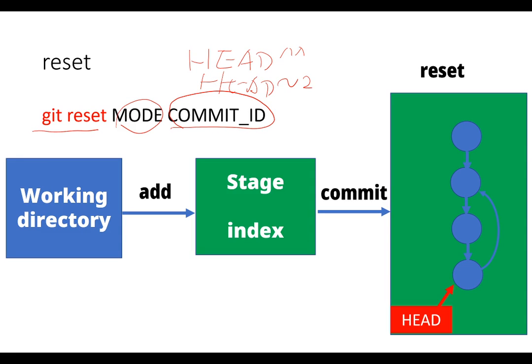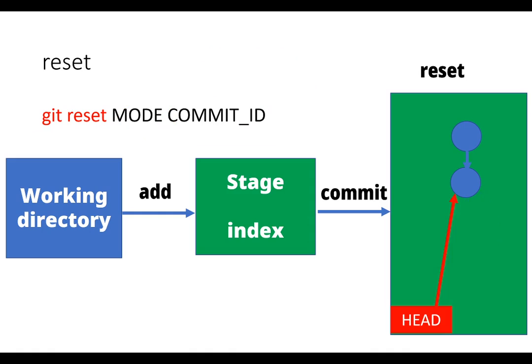Mode means we operate on the repository, stage, or working directory. This means we just modify the repository. This means we not only modify the commit history but also reset the stage.